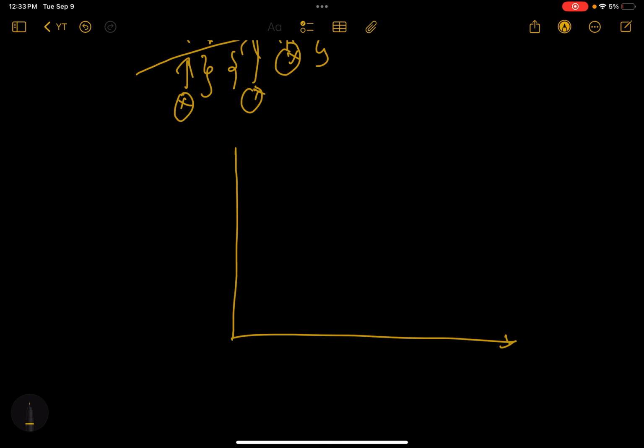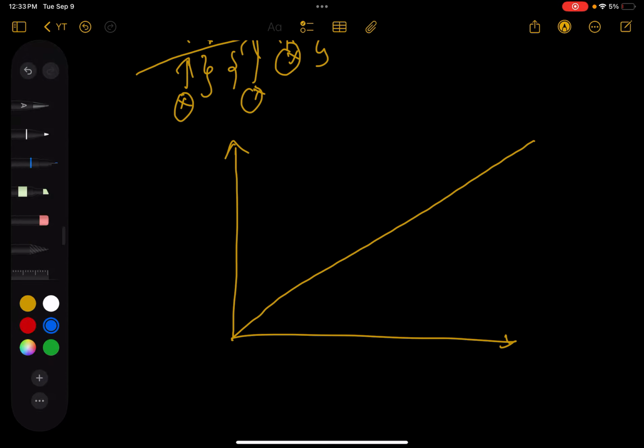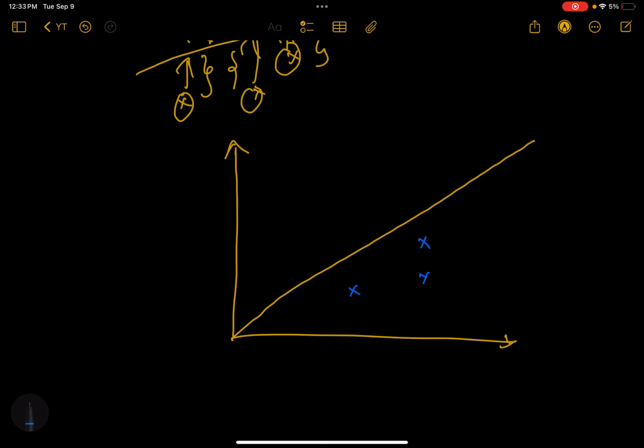My line is like this, and my data points are like this. I may have different lines, so I'll just be measuring the errors. I'll tell you what the error is.